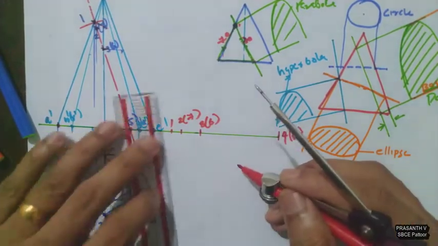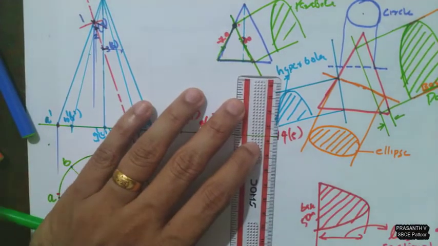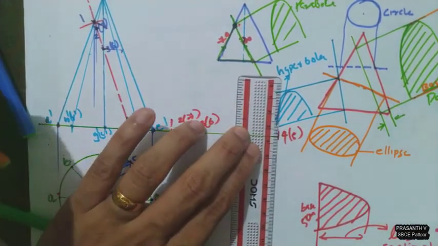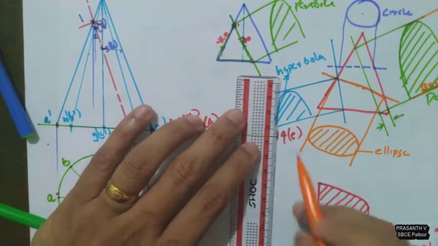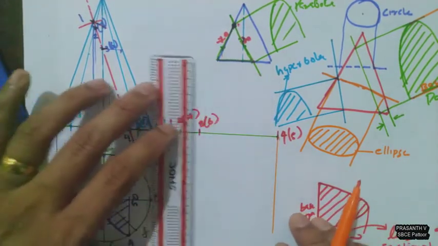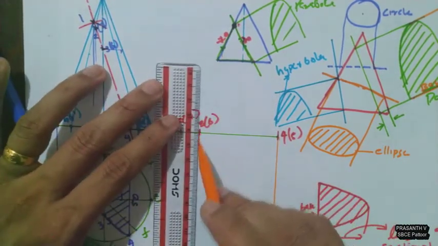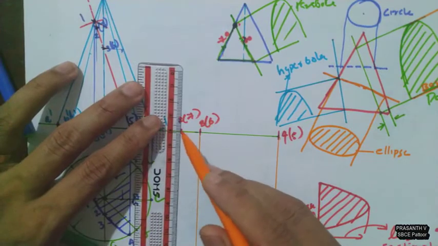This is 4, 5. From this portion you just draw the vertical projectors.